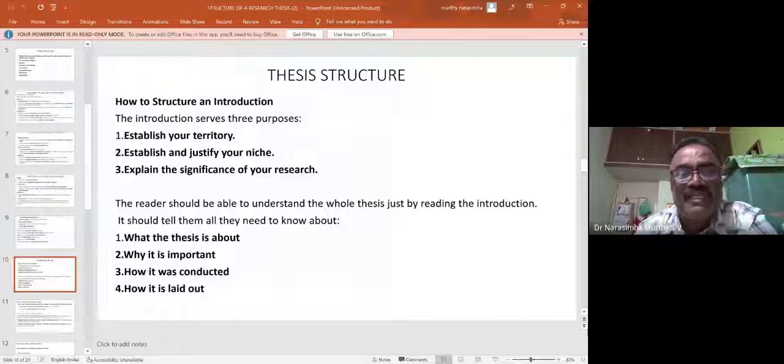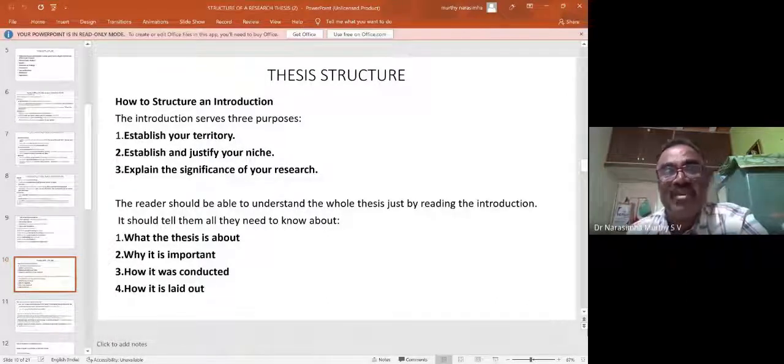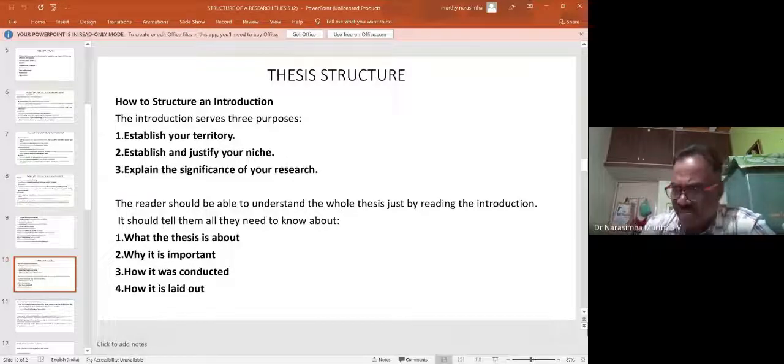After that, you should establish and justify your niche, your position, your stance, your outlook, your presentation. Then explain the significance of your research. In the introduction, these things become very important. When you structure it, begin with establishing your territory.